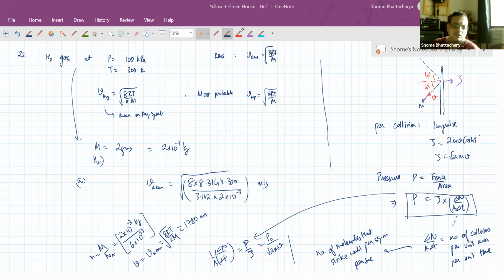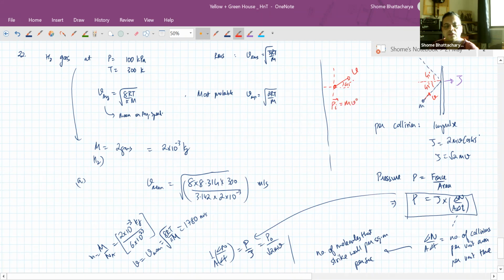This impulse comes from the concept that impulse is equal to change in momentum. You can see that if the particle is coming in with a velocity like this at 45 degrees, the initial momentum is mv times (1 by root 2 i cap plus 1 by root 2 j cap). Now after hitting the wall, it goes off like this, at an angle of 45 degrees, but with the same speed because it's a perfectly elastic collision.